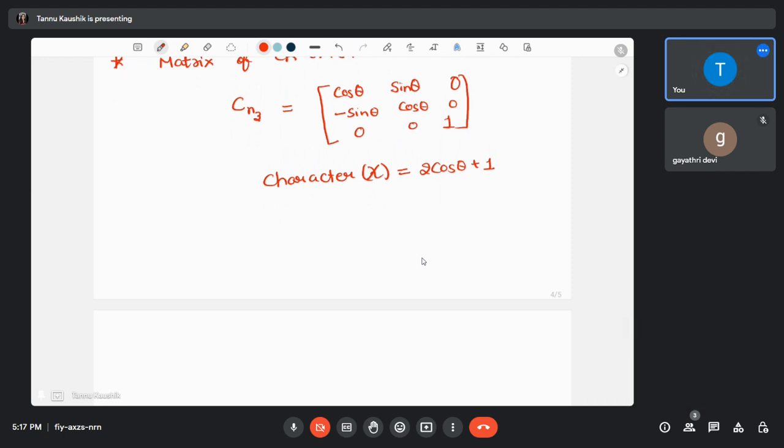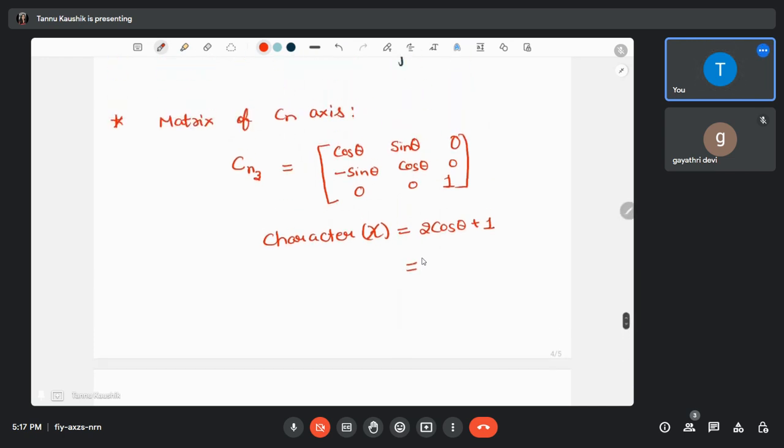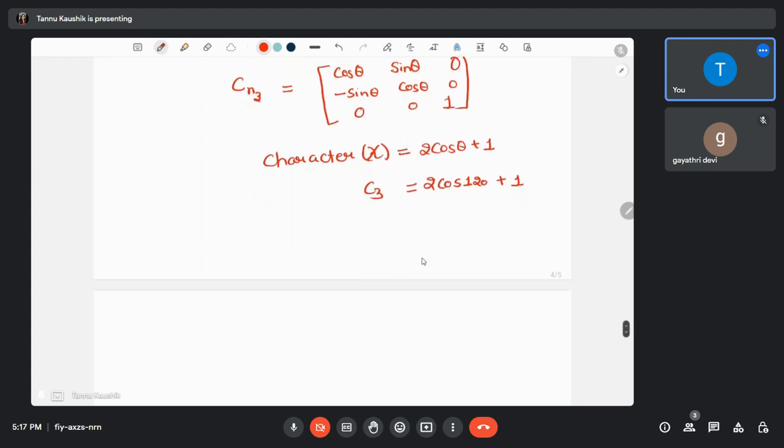So for C3 axis, we will be taking cos 120, which will be giving us minus 1 by 2, times 2, plus 1.